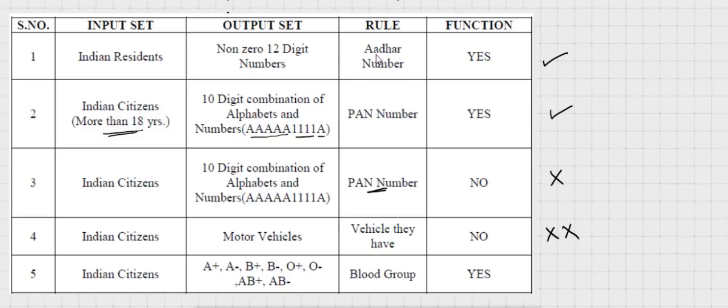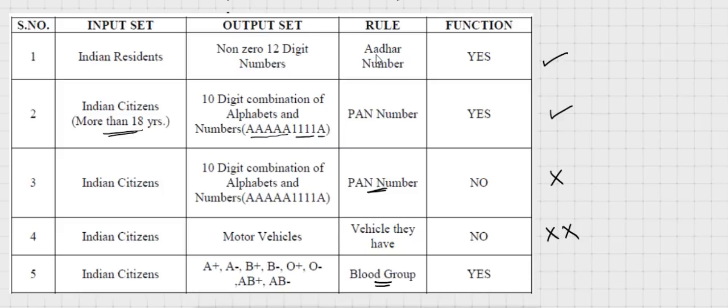Now again the input set is Indian citizens. The output set is these quantities. It's very clear, these are the blood groups. I am just defining a rule, blood group of an individual. Now this is a function. Why?